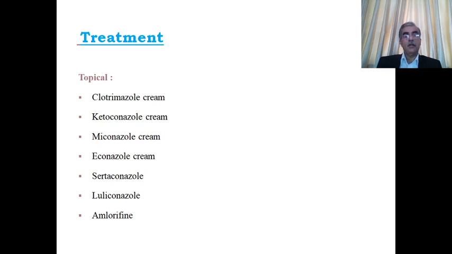But the important thing is that the patient should apply these antifungals twice a day, and the application should be up to 2 cm away from the lesion, including 2 cm away from the lesion. So for topical therapy we have the rule of 2. That means 2 cm on the lesion as well as 2 cm away from the lesion, so that subclinical infection is also treated.